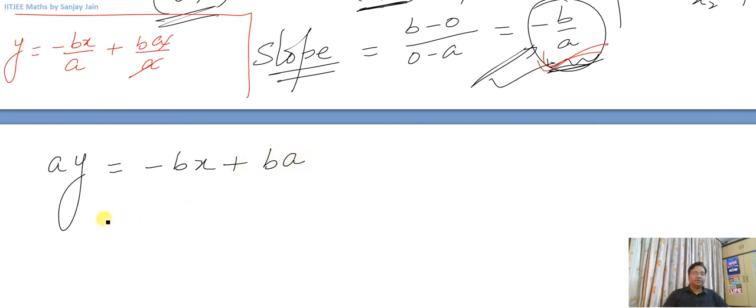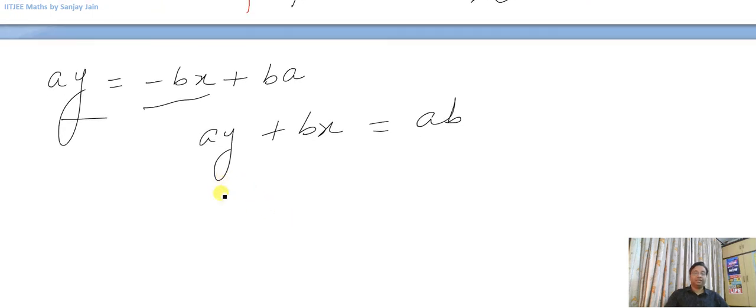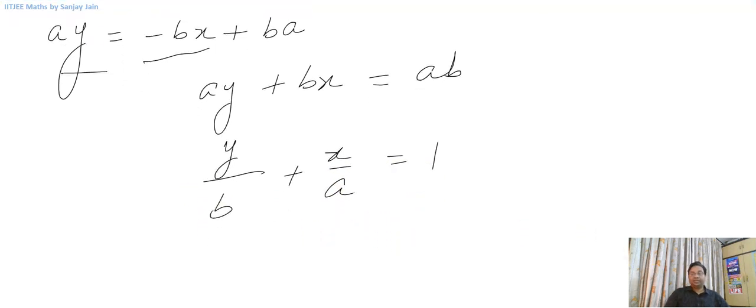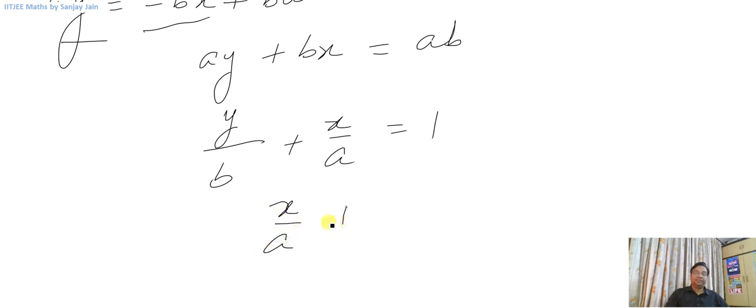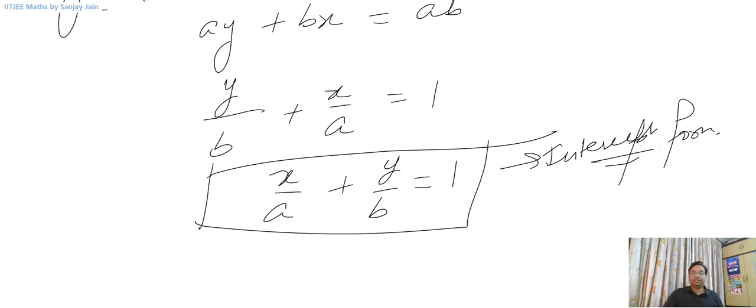Okay, now let me write these terms on one side first of all. So ay plus bx is equal to ab. Now if I divide both sides by ab, what will I get? y by b plus x by a will be equal to 1, right? So if I rewrite it as x by a plus y by b, it will be equal to 1, and this is the intercept form, because I have formed this equation using just the intercepts of the line.